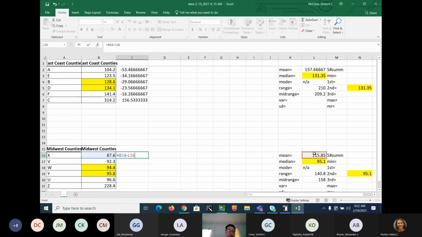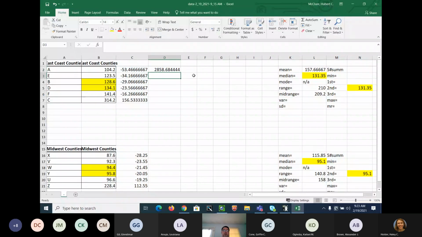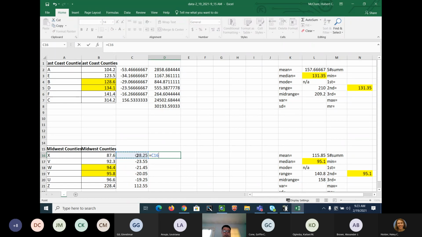And copy that down. And then of course you're going to square that number, raised to the second power. Copy that down, get a summation. Equals this number raised to the second power.